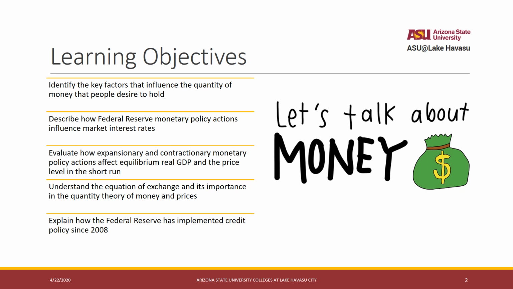In this chapter, we have several learning objectives: to identify the key factors that influence the quantity of money that the people desire to hold, to describe how the Federal Reserve's monetary policy actions influence the market interest rates, to evaluate how the expansionary and contractionary monetary policy actions affect the equilibrium real GDP and the price level in the short run, to understand the equation of exchange and its importance in the quantity theory of money and prices.